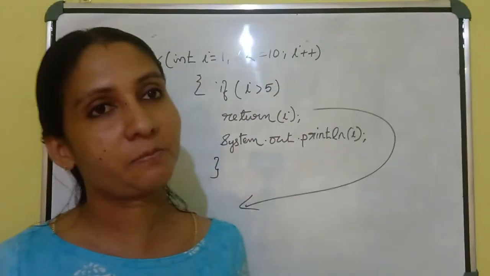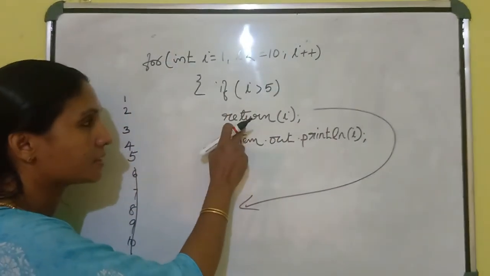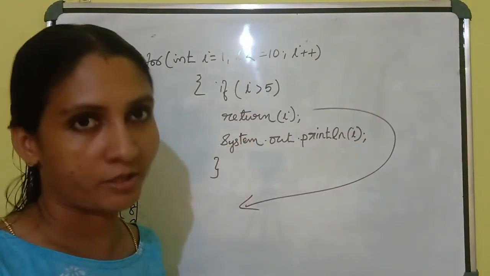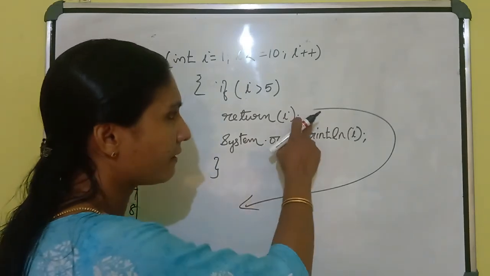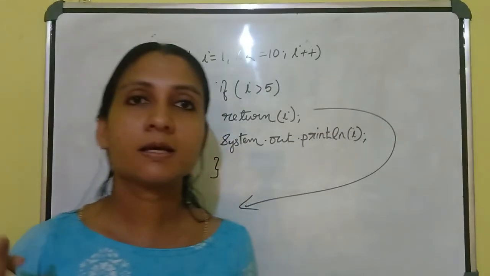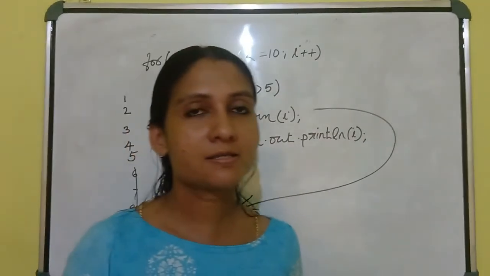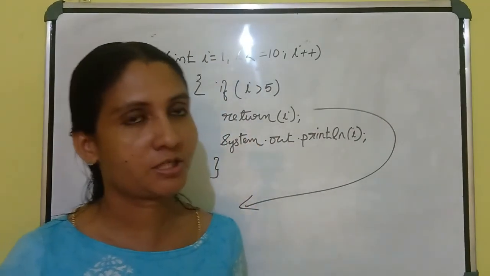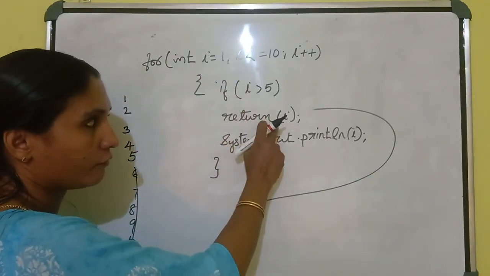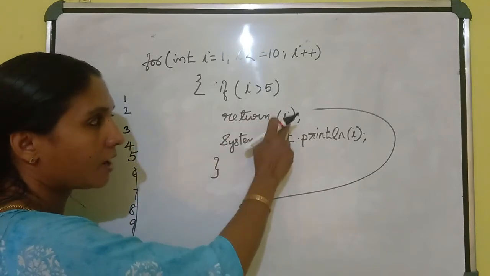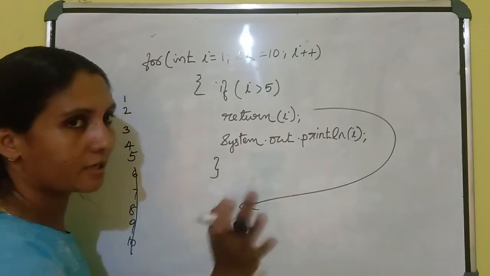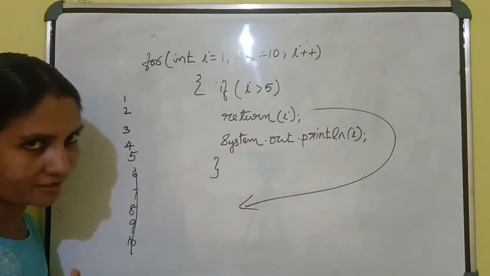The return statement is the last statement of any function, used to end the function or to get an outcome from it. So if the condition is true, the loop will not execute further; up to here only it will execute.